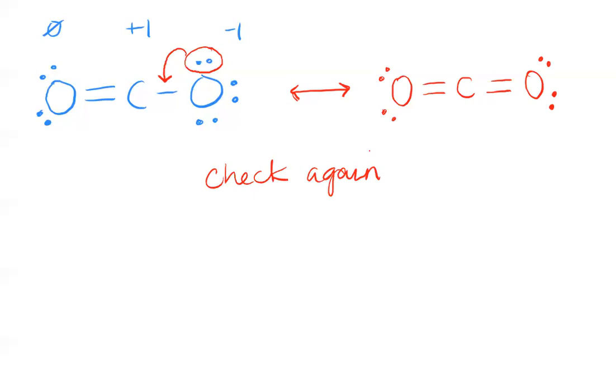So now we're going to validate, check again. So do we have the right number of atoms? Right? We've got our carbon, we've got our oxygen, our carbon, our oxygen. Do we have the right number of electrons? Okay, we should have 16 valence electrons. I go through and count. I've got 1, 2, 3, 4, 5, 6, 7, 8, 9, 10, 11, 12, 13, 14, 15, 16. I have 16 valence electrons.